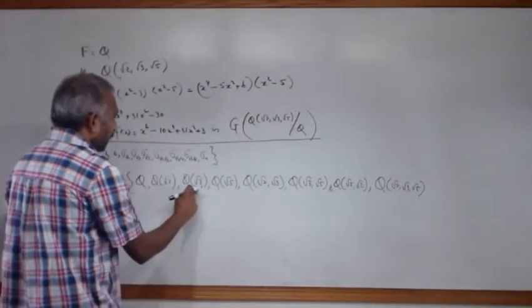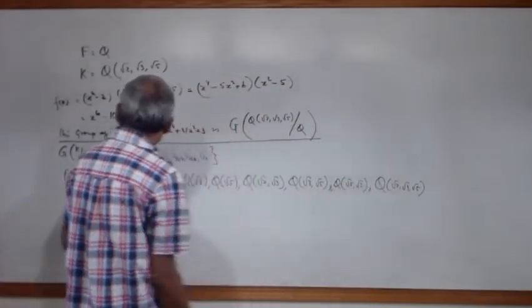So we have 1, 2, 3, 4, 5, 6, 7, 8 elements.